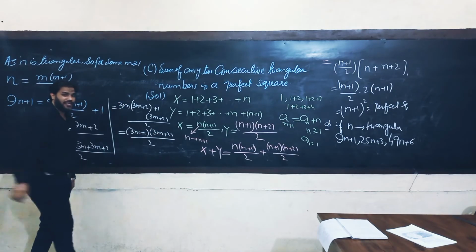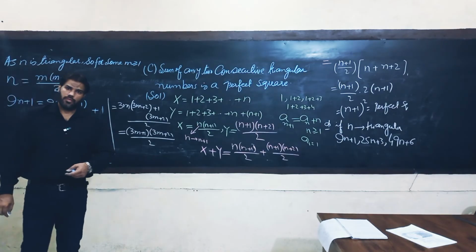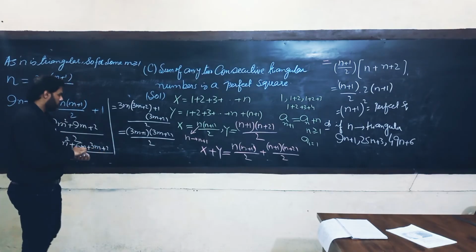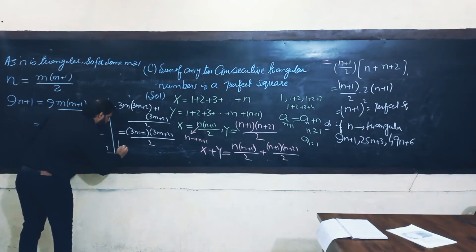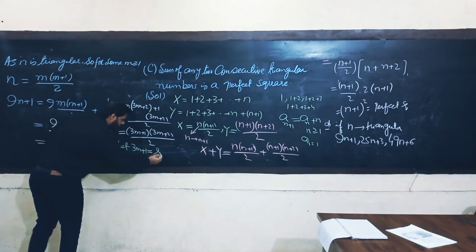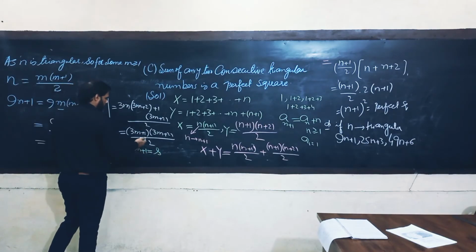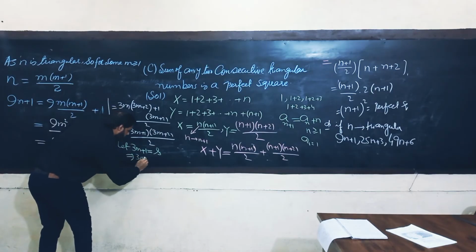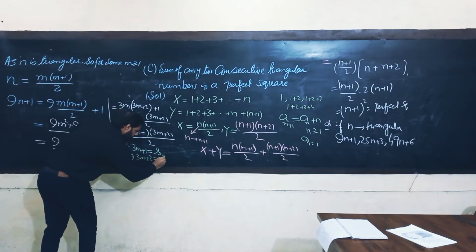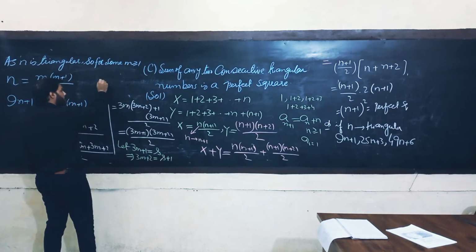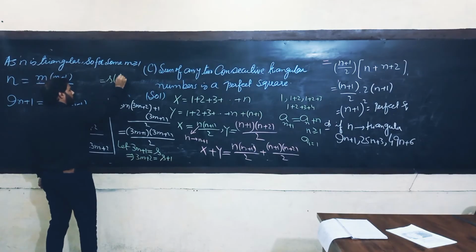As m is any positive integer, clearly 3m plus 1 is also a positive integer. So let 3m plus 1 be equal to s. This implies 3m plus 2 is equal to s plus 1. So this becomes s into s plus 1 over 2.